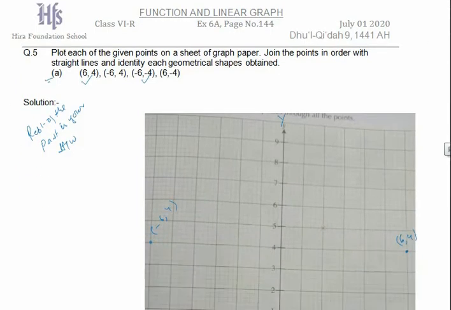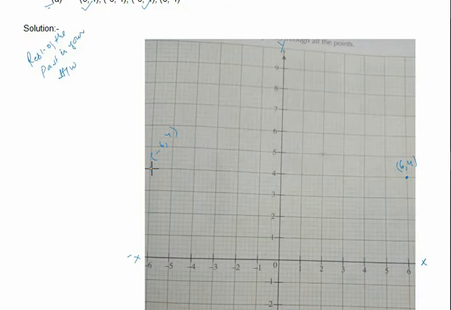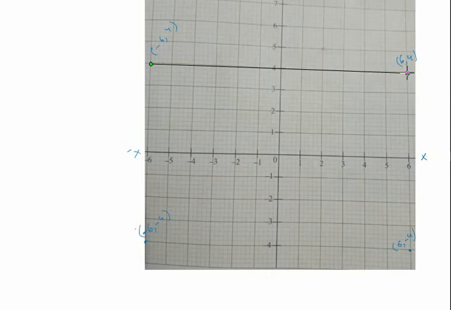So when we join these points, one straight line is there, and the second straight line is here, and the third one is from here to here, -4 is here, and finally we have to use this one.